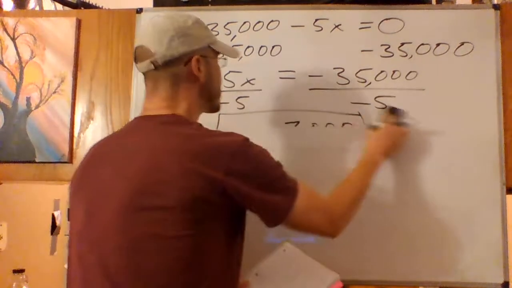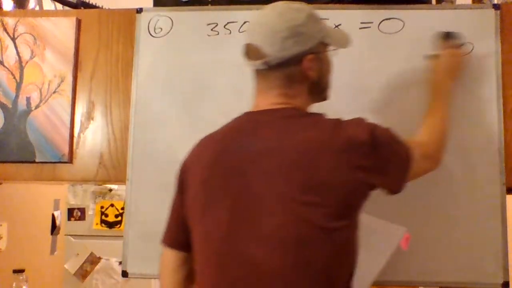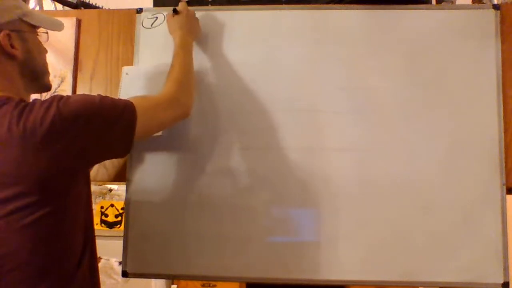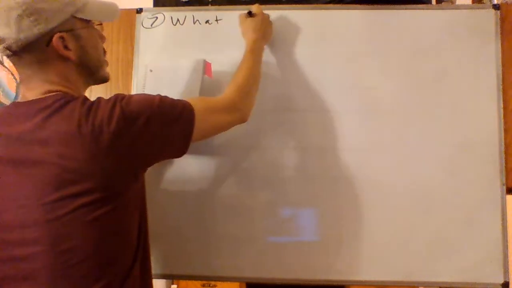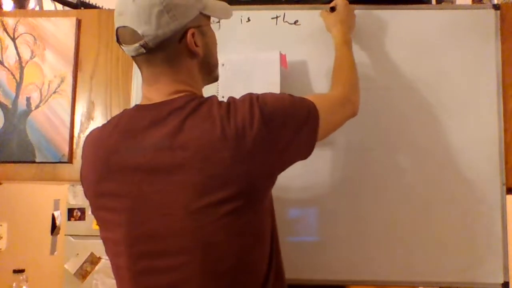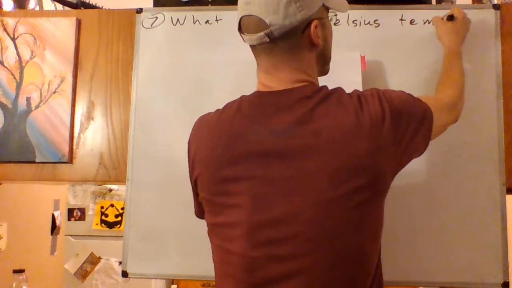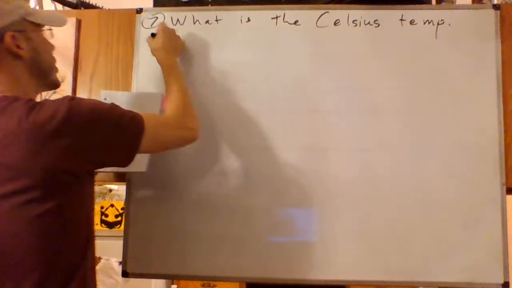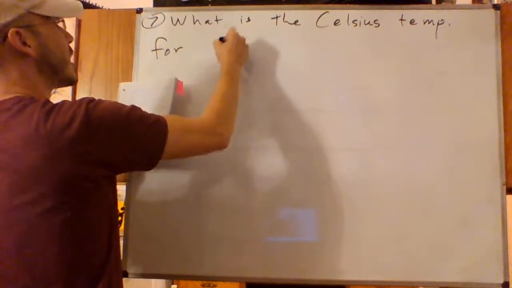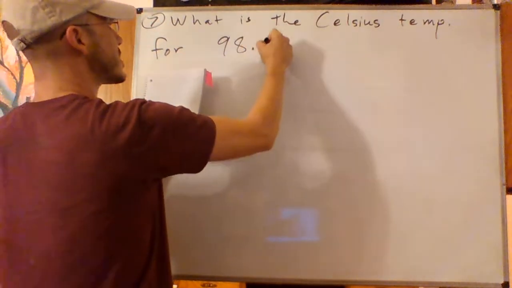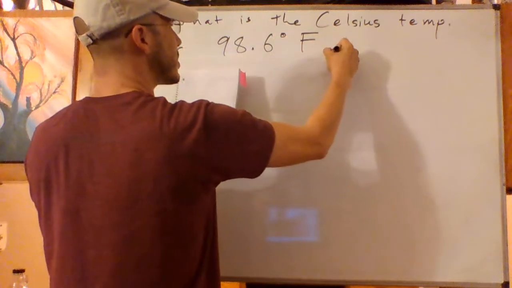The next one is a temperature conversion, and we've seen this equation before. What is the Celsius temperature for 98.6 degrees Fahrenheit?